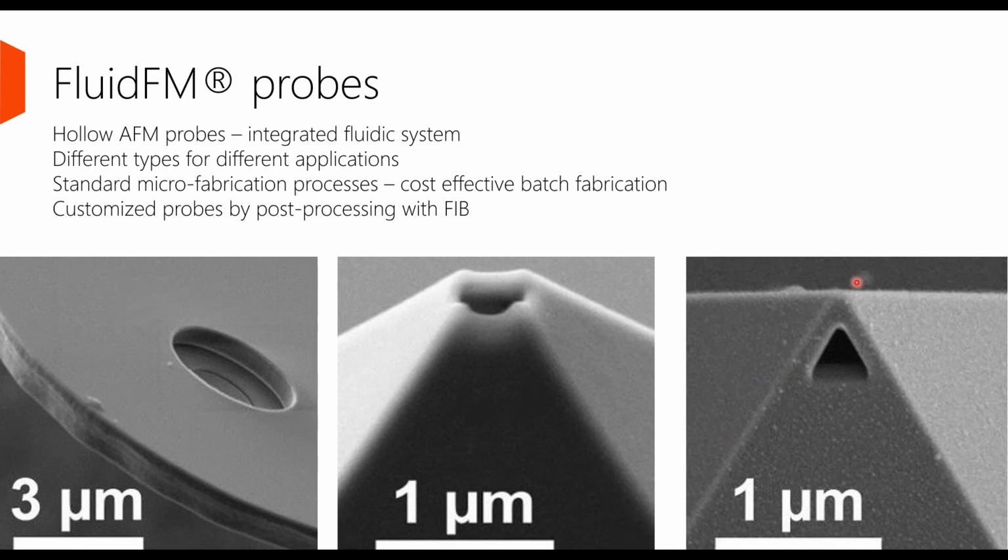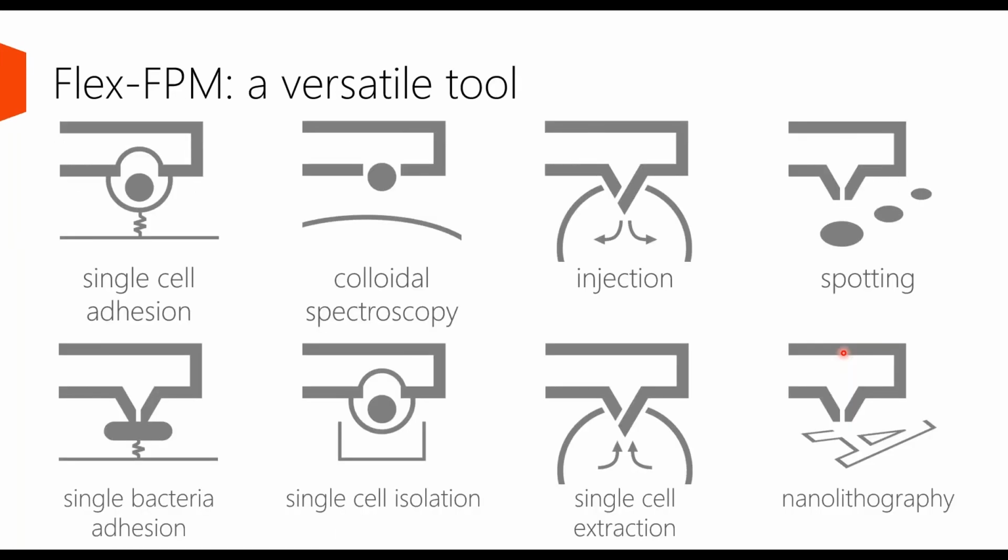They can also manufacture probes which have a sharp tip but have the aperture in the side here. These are all done by standard FIB processing. And you can even purchase probes that don't have any hole and then use your own FIB to make a custom size design.